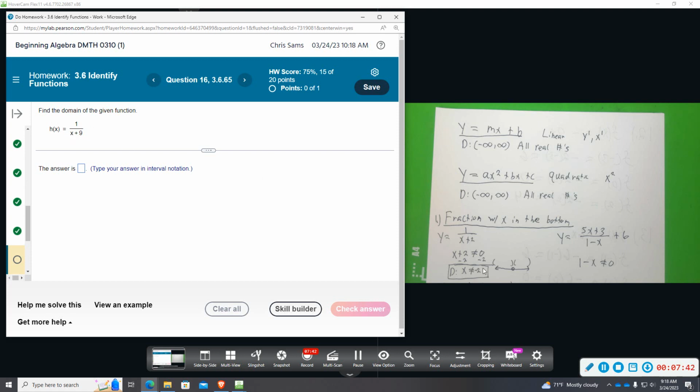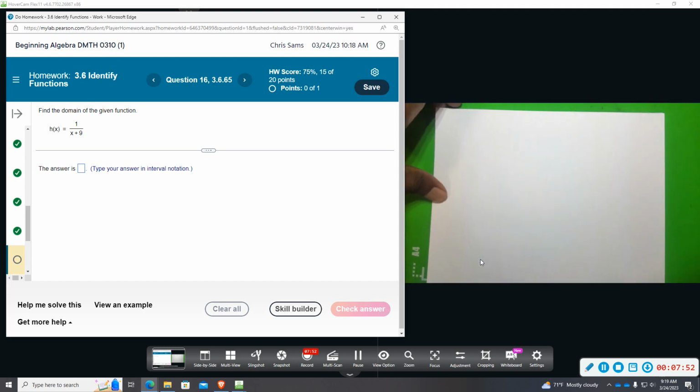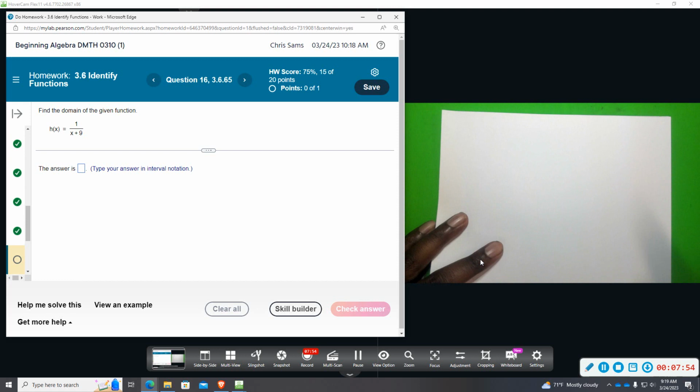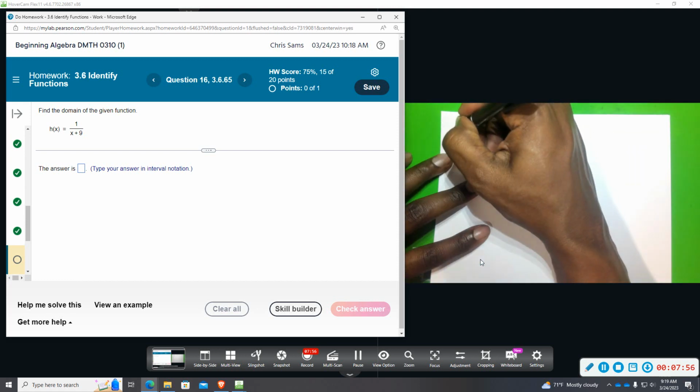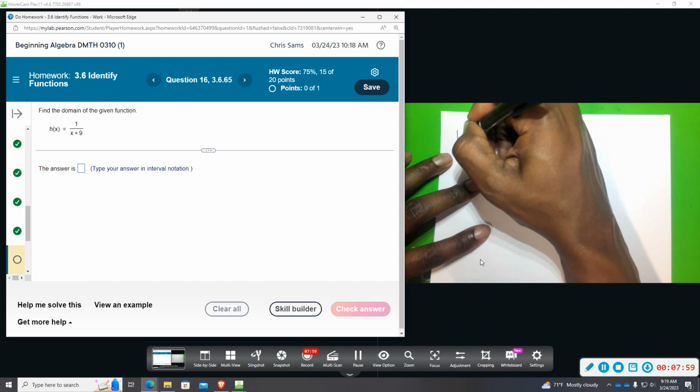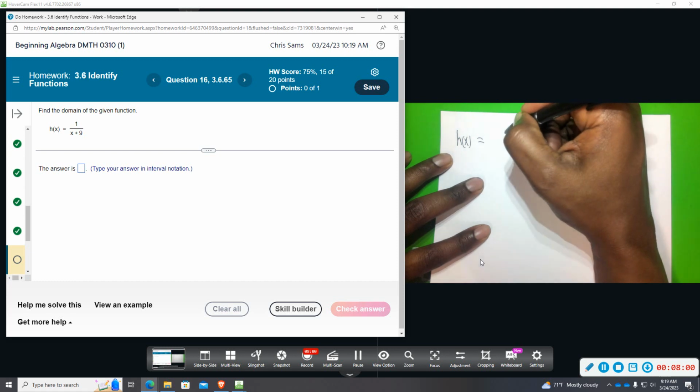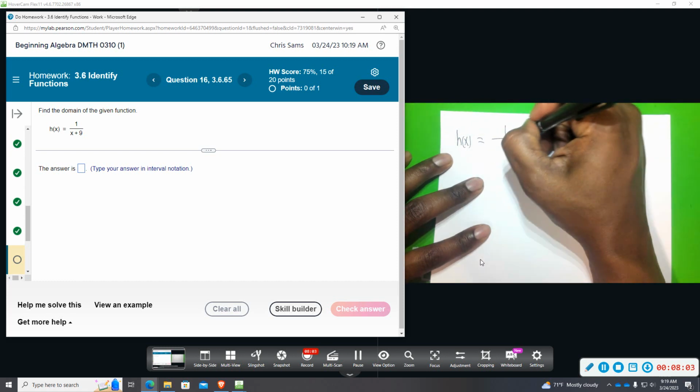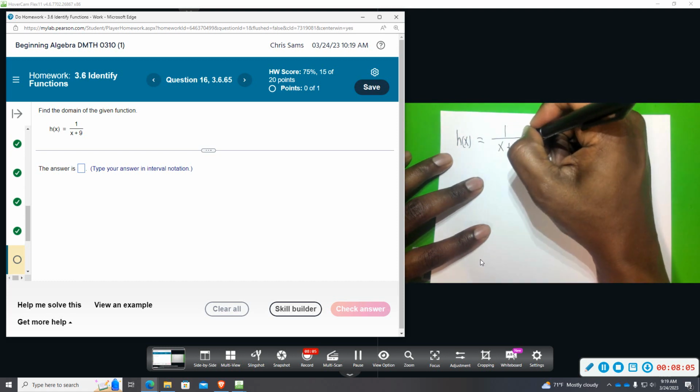So that's this scenario. What we're going to have to do is take the bottom and say that this cannot be equal to 0. Let's do that. I'm going to say h of x equals 1 divided by x plus 9.